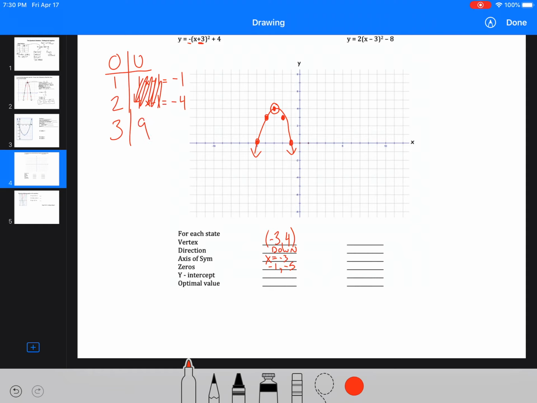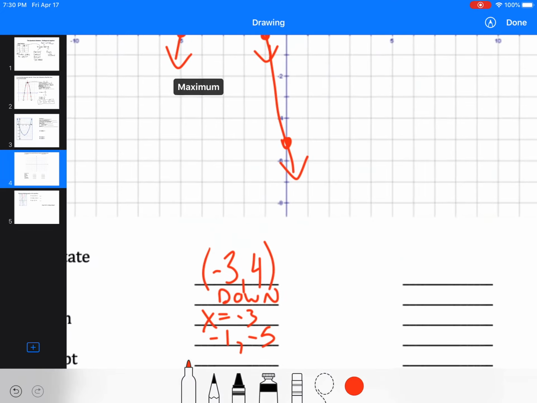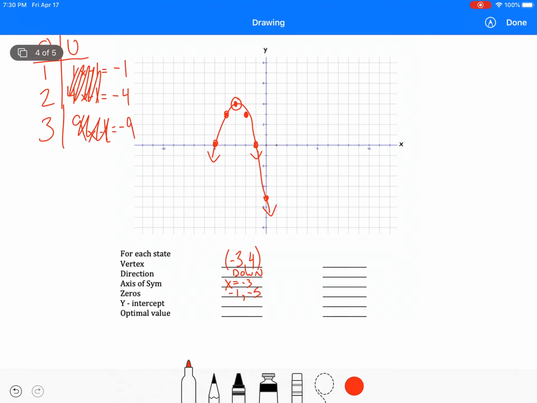The y-intercept, if we went over 1 more, so we'll do the whole step pattern here, 1, 4, and then the next one's 9, 3 squared, times it by -1, get -9. So we're going to go over 3, down 9, we go right down to there, and that's actually going to give us our y-intercept of -5.